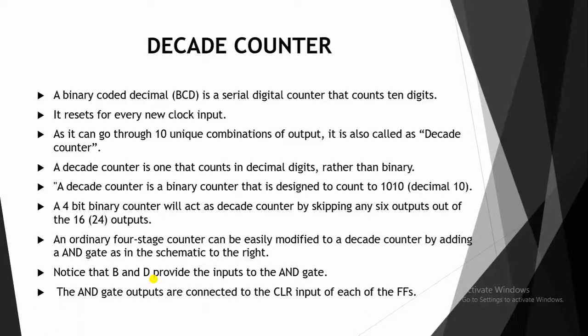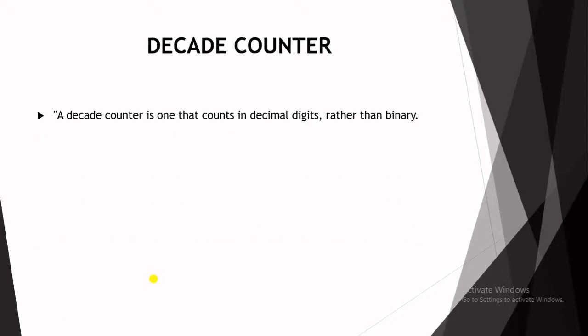The AND gate output is connected to the clear input of each of the flip-flops. A decade counter is one that counts in decimal digits rather than binary. It counts from 0 to 9 and then resets to 0.